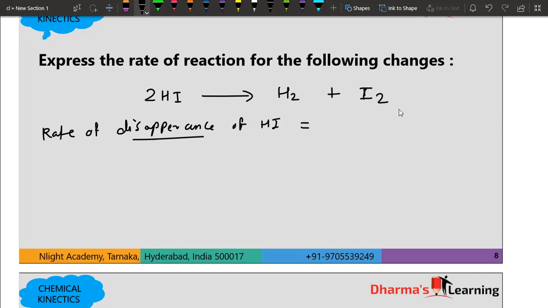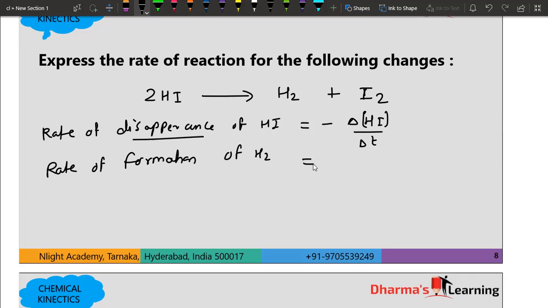So what is the rate of disappearance? Only the change in concentration. So write the change in concentration of the reactant divided by the change in time. Similarly, if I want to find the rate of formation of hydrogen, how will you find it?